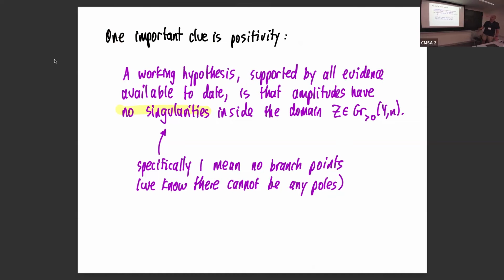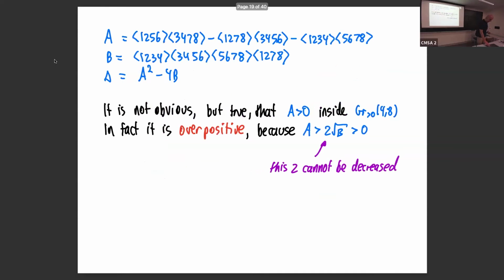And just to be absolutely clear, what I mean by singularities is no branch points. We know that there cannot be any poles. It's not trivial, because every way that you write an amplitude there will always be spurious poles, but we know they have to cancel out at the end. The non-trivial part of this statement that I'm trying to emphasize is no branch points.